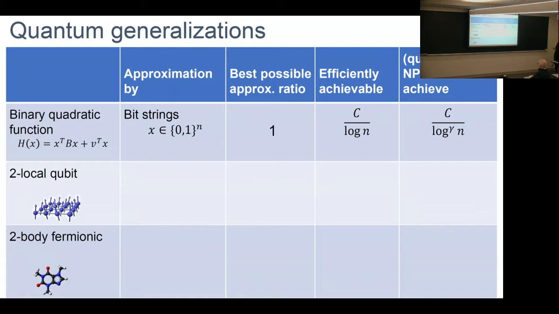And maybe I'll just mention at this juncture that Aaron mentioned polynomial optimization, and of course this is an example of quadratic polynomial optimization, and these are some quantum generalizations.